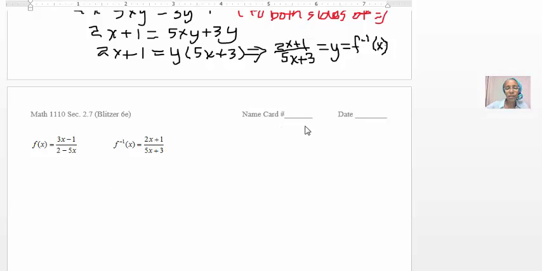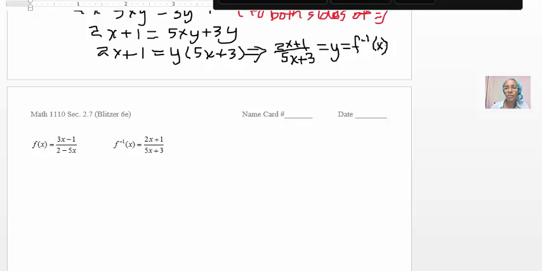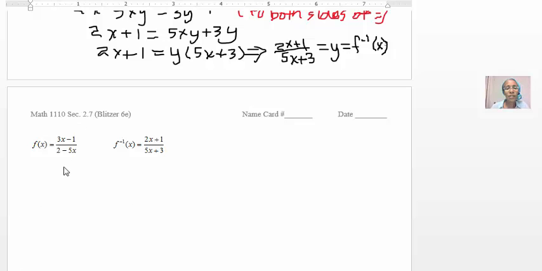Okay, so what I'm going to do here is I just needed more space to write. I can't write real small with this electronic pen. So we're going to find the domain and range of f and f inverse. Okay, so we discussed the fact that these two denominators cannot be 0.